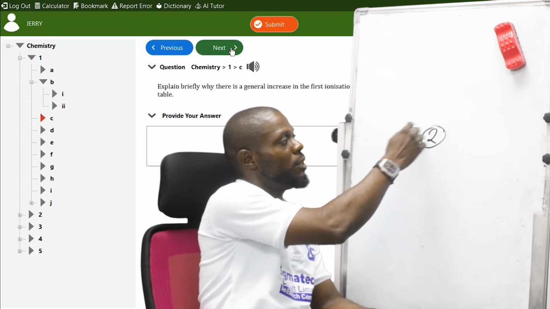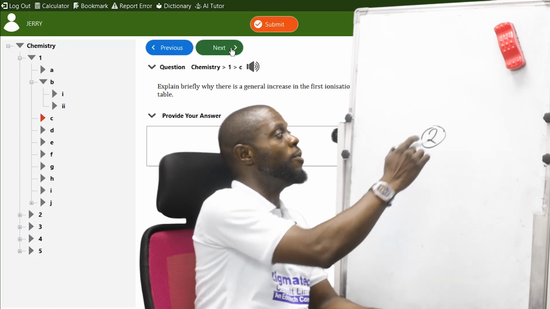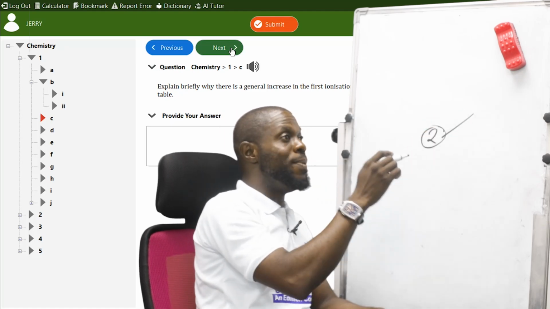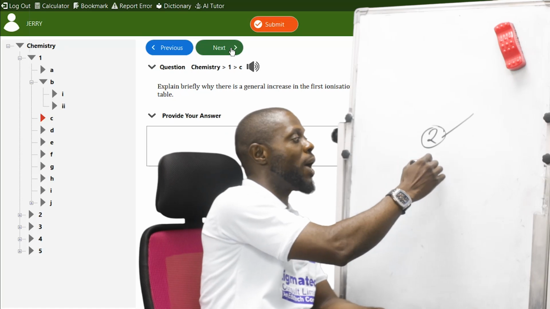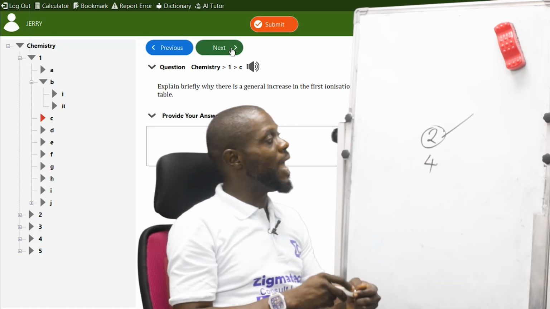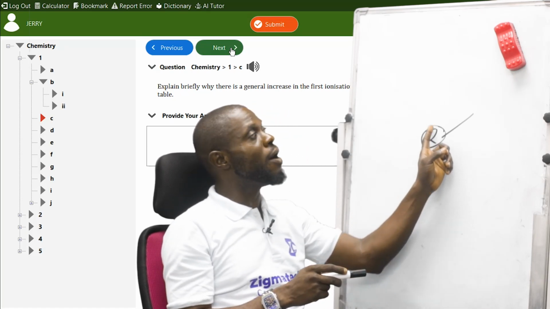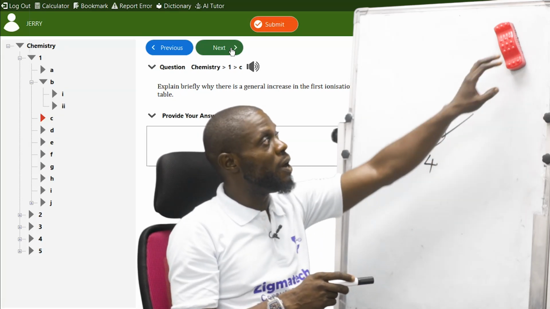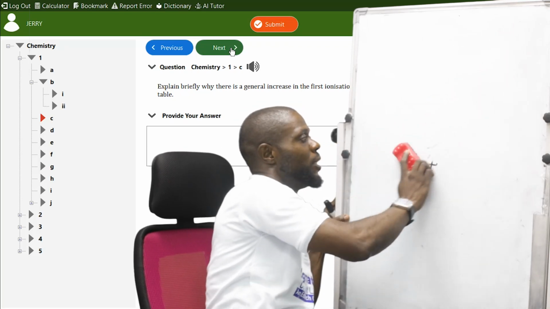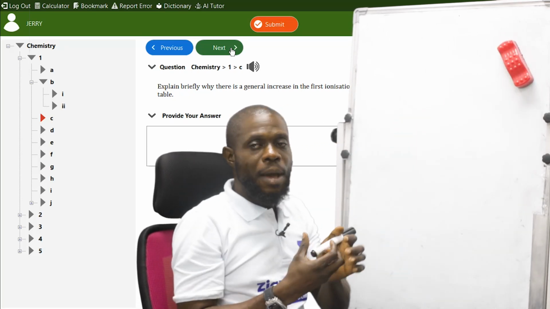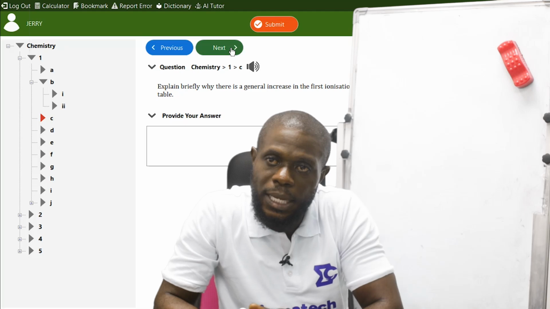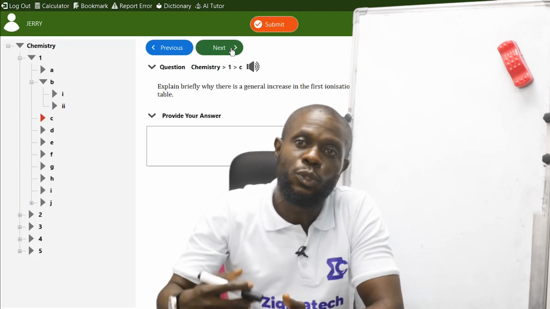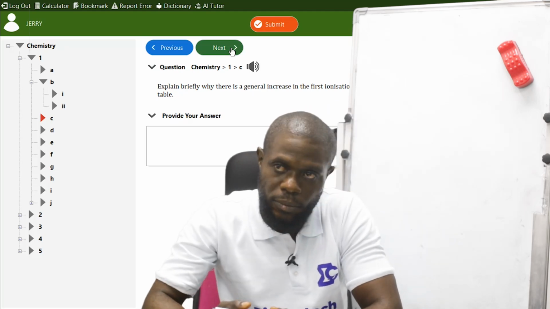If we have 2 electrons, the energy required to remove 2 electrons will be lesser than the energy required to remove 4 electrons. So as the number of elements increases, that is how the ionization energy is increasing. Okay? So now, the elements are being arranged in the periodic table according to the atomic numbers.